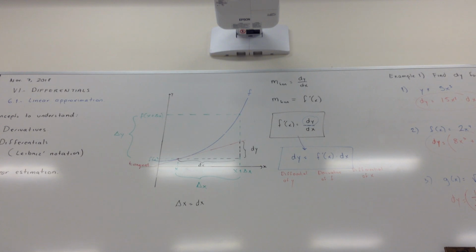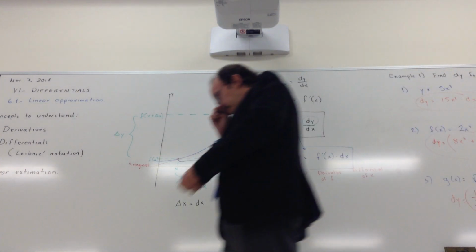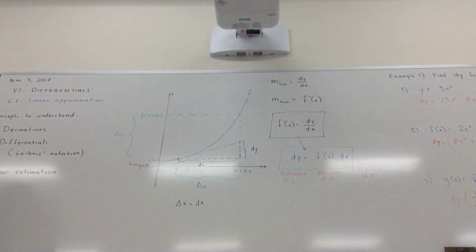That's it. The only difference between this and the derivatives is that now it's just a single part. The dy, the differential, equals the derivative times dx. The end. Questions so far?